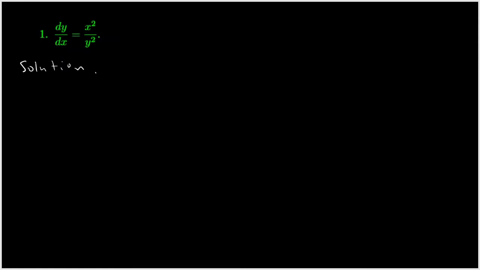Okay, you treat dy over dx as a quotient now. If you want me to recall a property, in elementary or junior high school, you call it cross multiplication.